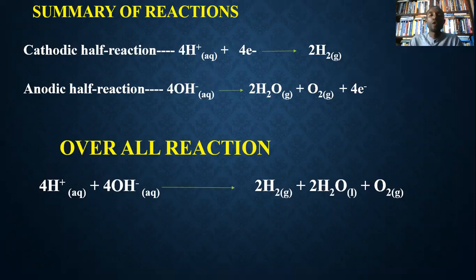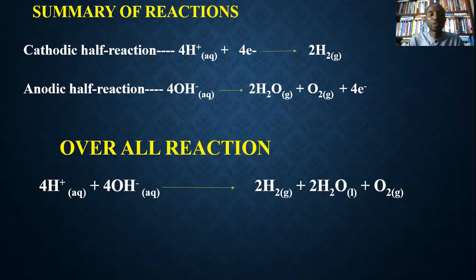Then 4 OH minus in aqueous solution will form 2 volumes of water and 1 volume of oxygen when it gives out 4 electrons. Then the overall reaction: the 4 electrons in the cathodic reaction will cancel the 4 electrons in the anodic reaction.